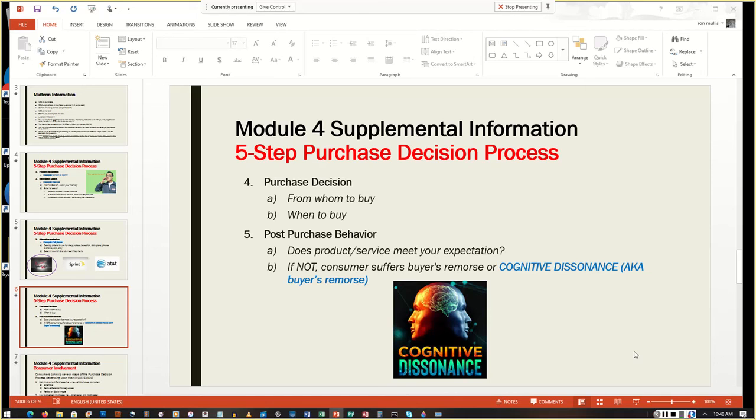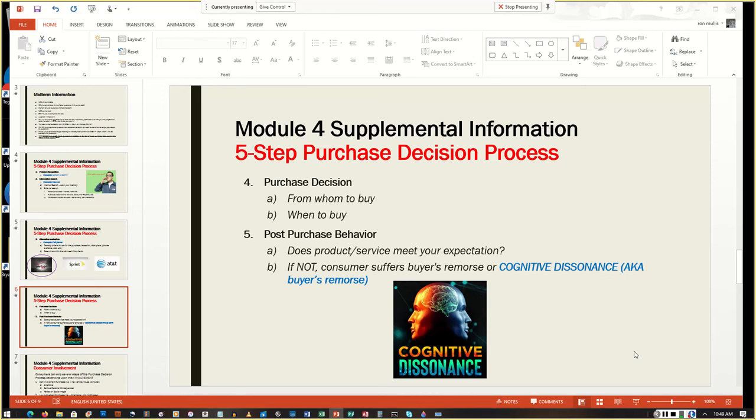Or was there an issue with the actual product? If so, the company may need to go back and fix the problem by redesigning it. One of the most common post-purchase behaviors that can occur is cognitive dissonance, which is also called buyer's remorse.